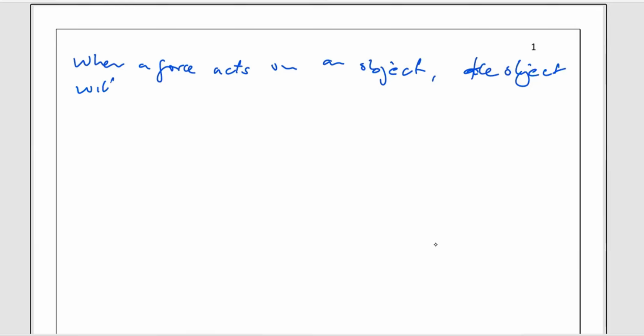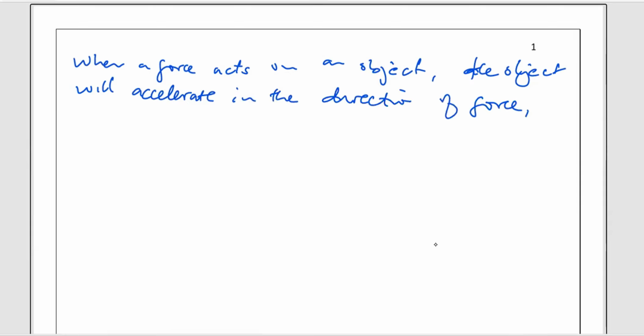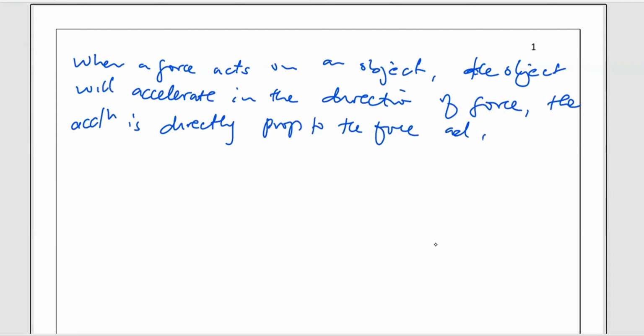We're saying that when a force acts on an object, okay, an object will accelerate, or the object will accelerate in the direction of the force, and the acceleration is directly proportional to the force, and inversely proportional to the mass. Okay, so that is how the second law could be stated.